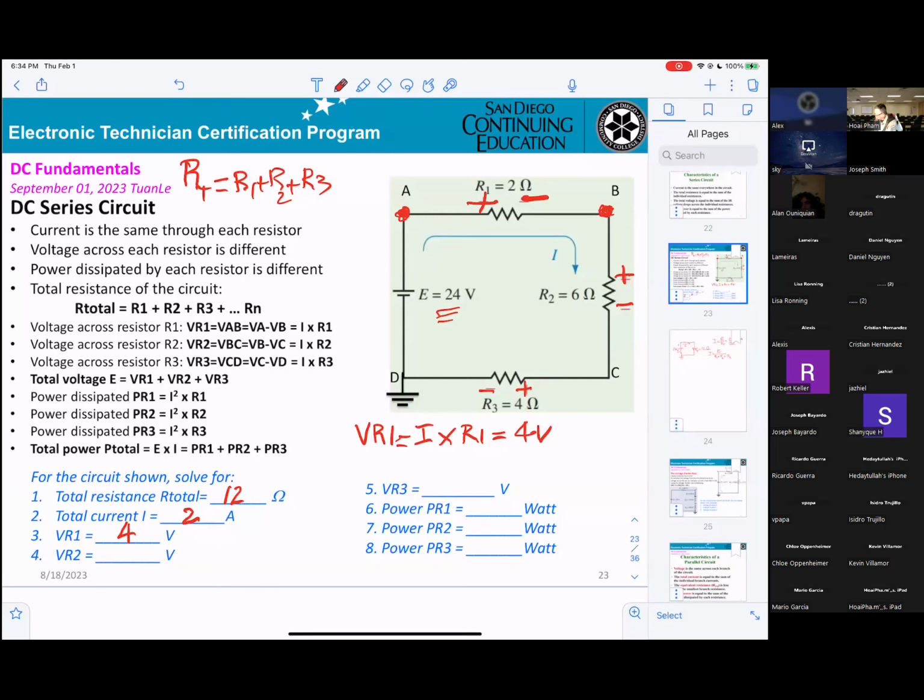And now, if you want VR2, same thing, I times R2. I is 2 mA, R2 will be 6, 2 times 6 will be 12, right? Right. 12 volt, okay? And VR3, same thing.